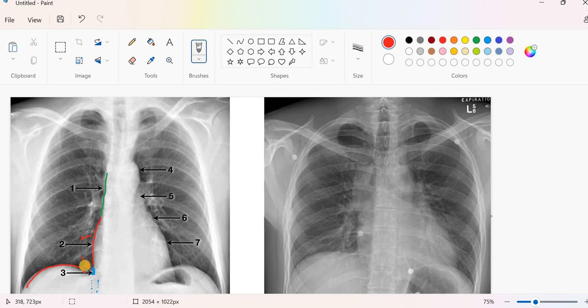Moving to the other side, which is the left side of the heart shadow, we will find a bigger border which is more or less sloping downward. This is the left border of the heart, which is made mainly by the left ventricle.